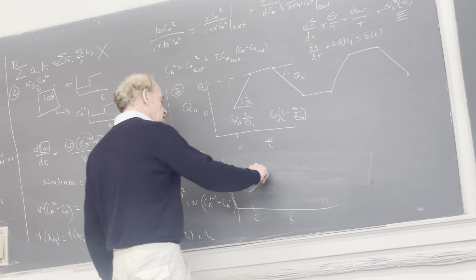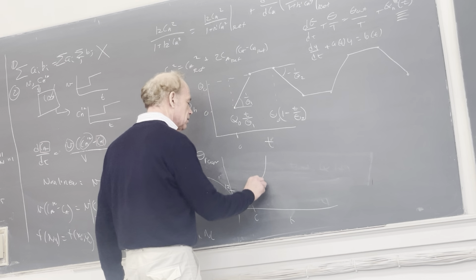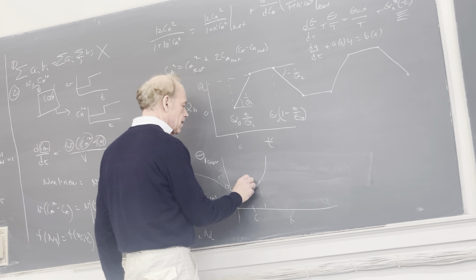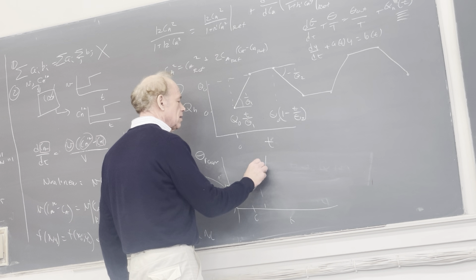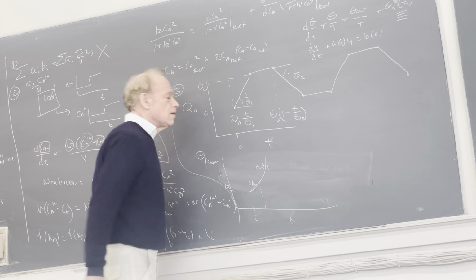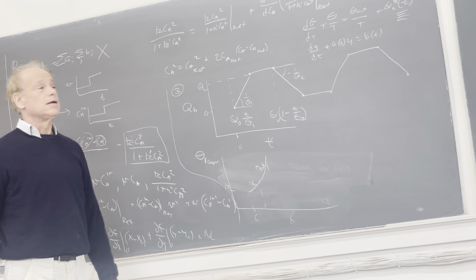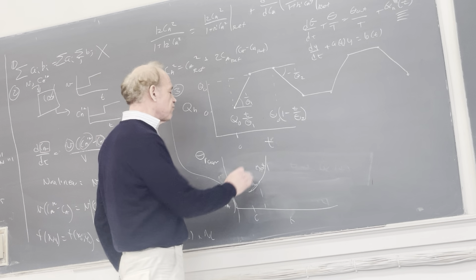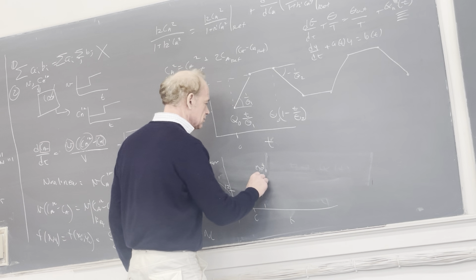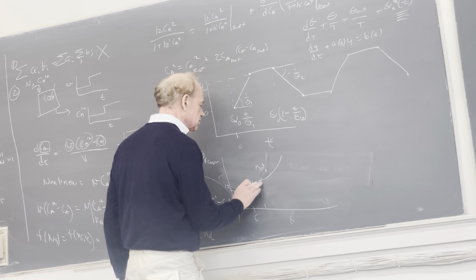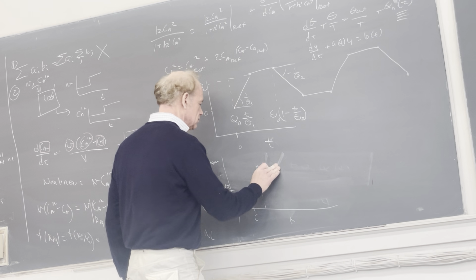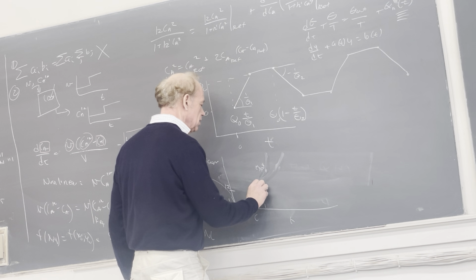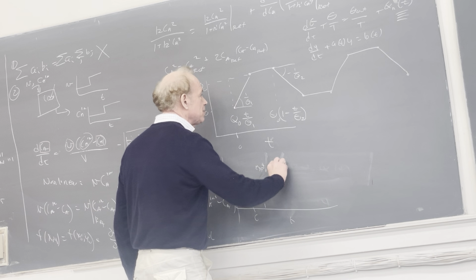When it gets to this point, it's a constant. So now it starts getting faster. Now it starts going exponentially. Now over here, when the heater goes off, and let's just make this correspond here, it's much faster. So this goes up slowly, and then from here it goes up exponentially.